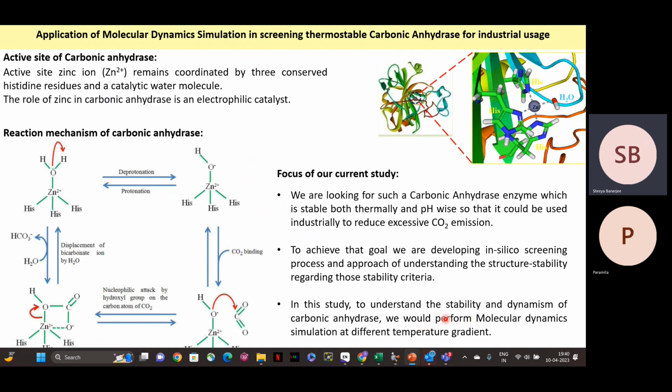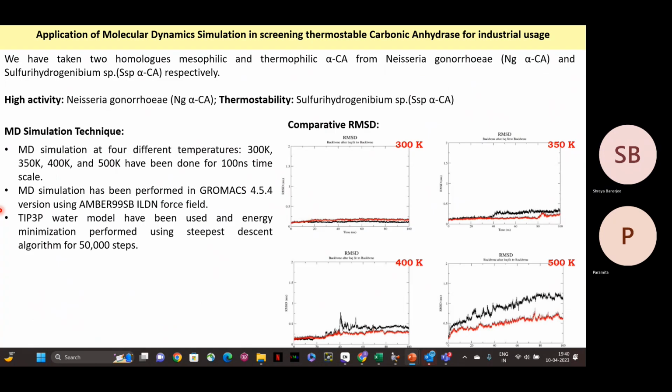So in order to understand and screen this stability of the carbonic anhydrase, molecular dynamics simulation is performed. In this particular example, two carbonic anhydrases have been shown. One is from Neisseria gonorrhoeae, Ng alpha CA, which has high activity. That means it can convert, the output is very high.